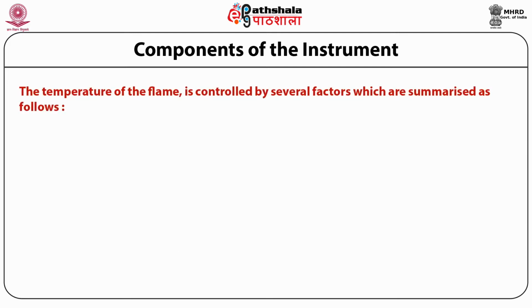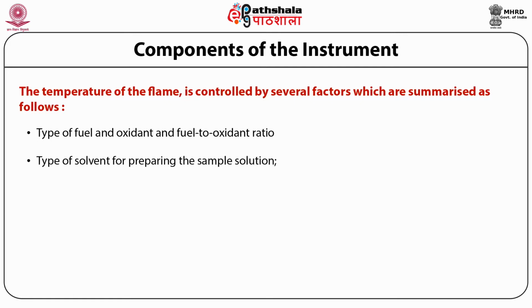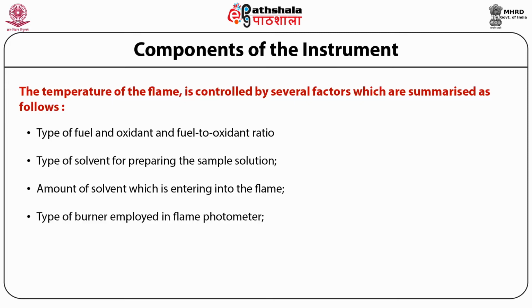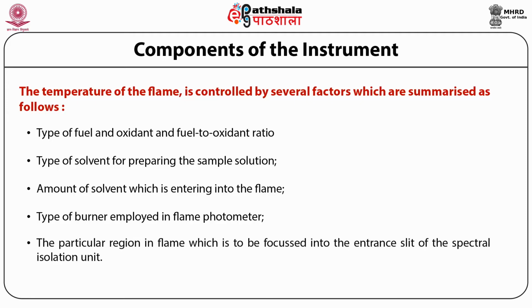The temperature of the flame, which is primarily responsible for the above mentioned processes, is controlled by several factors: number 1, the type of fuel and oxidant and the fuel to oxidant ratio; next, the type of solvent used for preparing the sample solution; then the amount of solvent entering the flame; then the type of burner employed in the flame photometer; and the particular region in the flame which is to be focused onto the entrance slit of the spectral isolation unit.